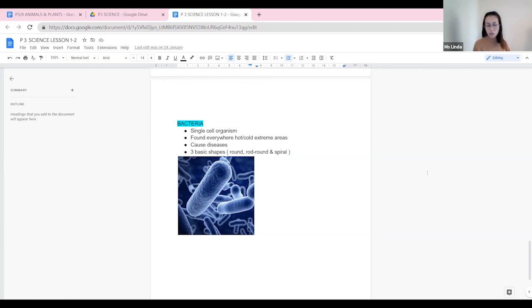And besides the heat, there are also bacteria living in the extreme cold, in the Antarctic and the Arctic, the North and South Pole, where temperatures go as low as minus 200-plus degrees, with hard ice.